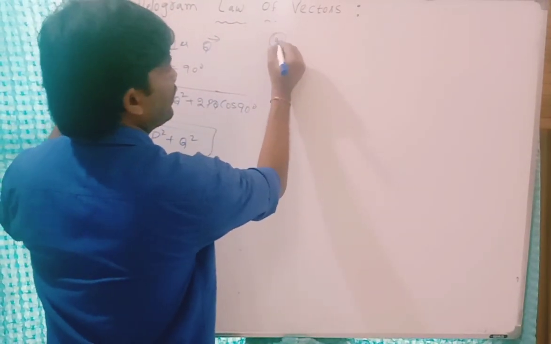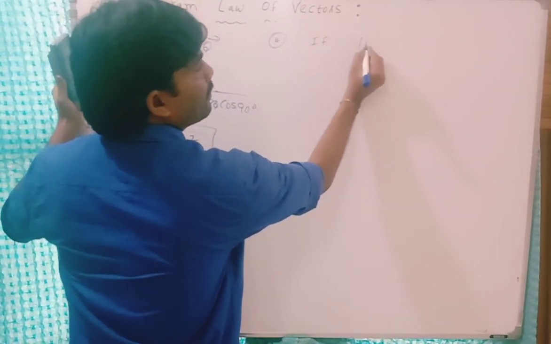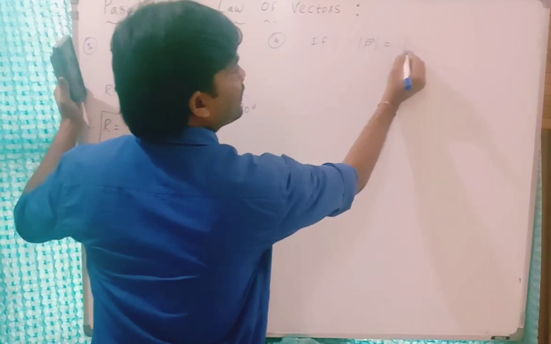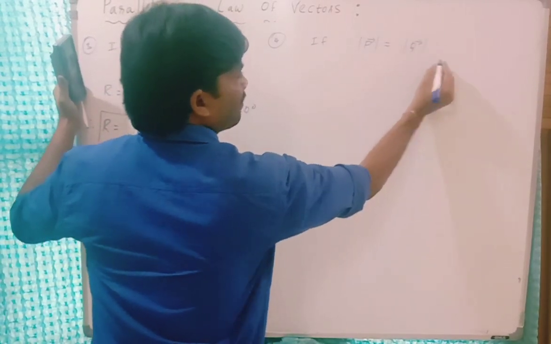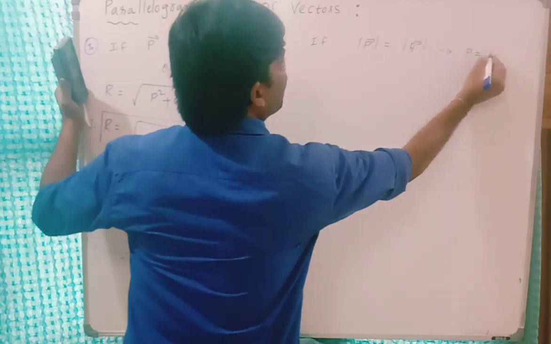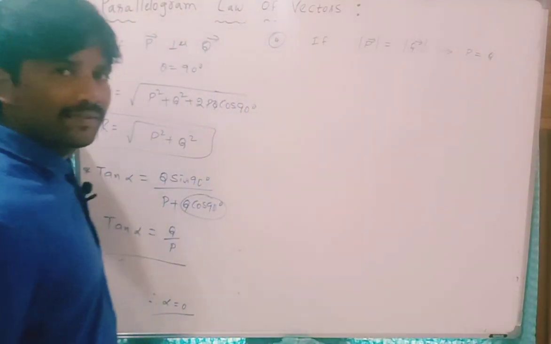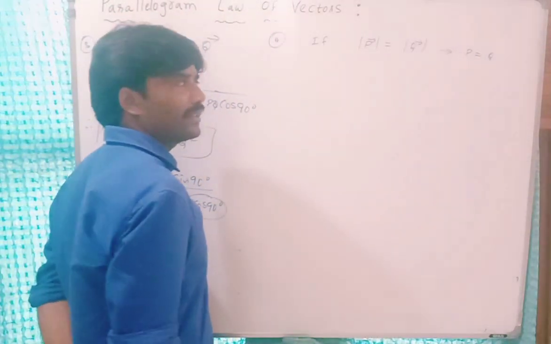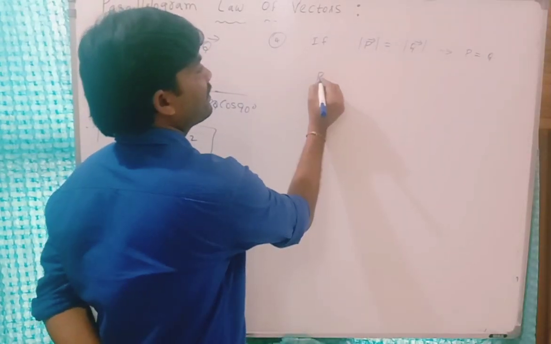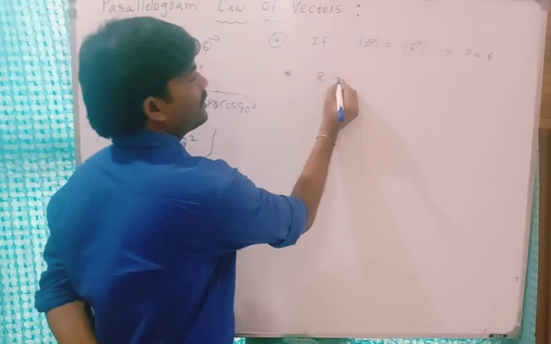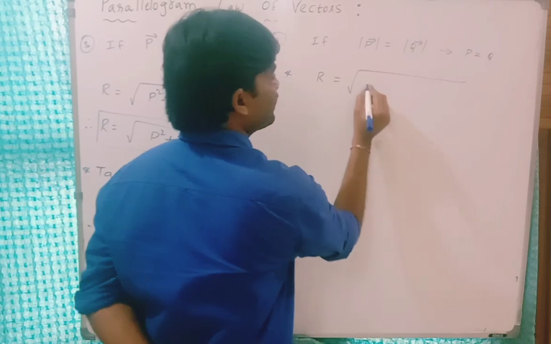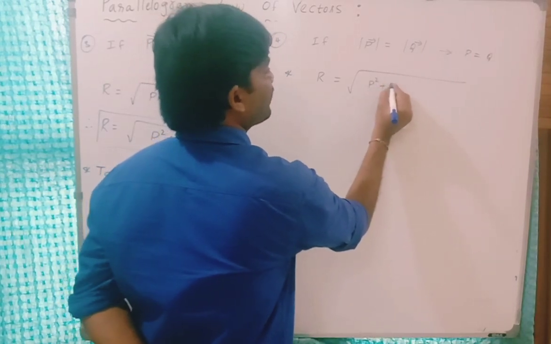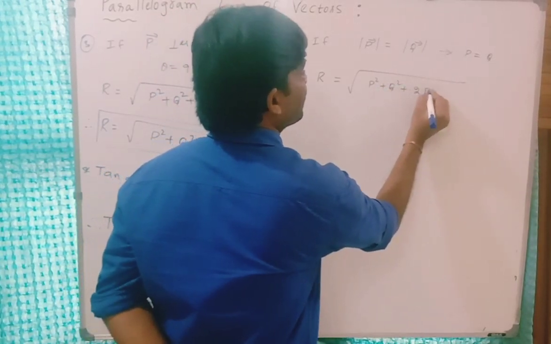If the magnitude of P vector is equal to the magnitude of Q vector, or simply P equal to Q. First I will write the equation for the magnitude of the resultant, that is root of P square plus Q square plus 2PQ cos theta.